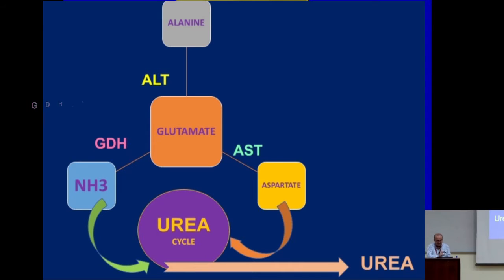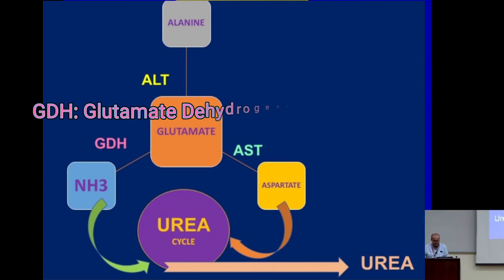Again, glutamate dehydrogenase is a reversible enzyme, just like the transaminases, meaning it can produce ammonia and alpha ketoglutarate, or it can be used to resynthesize glutamate from ammonia and alpha ketoglutarate.